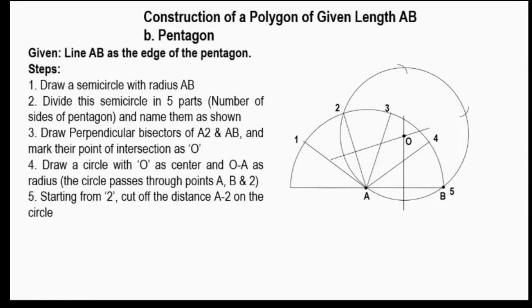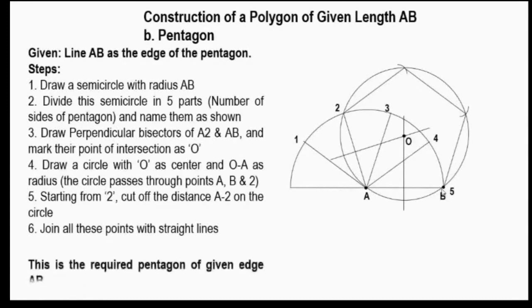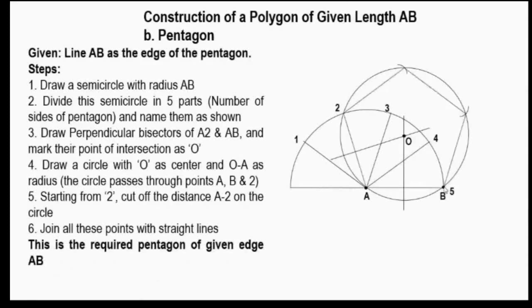The third arc will coincide with point B. And then join all these points starting with point 2 and ending at point B. So this is the required pentagon of edge equal to AB.